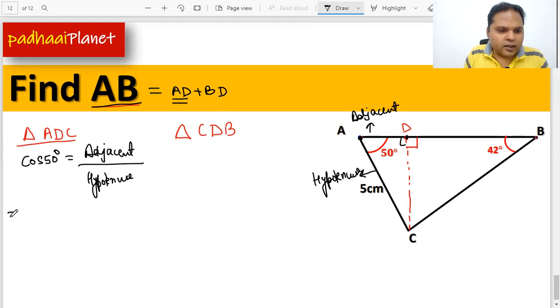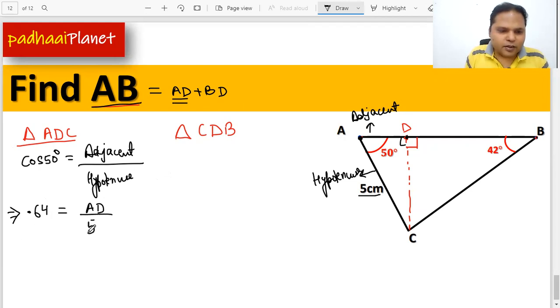Now cos 50 degrees we can find with the help of the calculator because we don't have this in the standard tables, and that is 0.64, and the adjacent is AD, and hypotenuse is already given in the question, that is 5 centimeters.